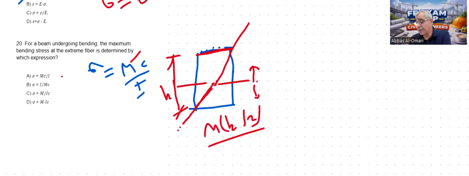Stress at one side is going to be compression, and at the other side tension. The upper side is going to be tension, and the bottom side compression. So the formula is sigma equals MC over I. This is the correct answer. Now the next question.